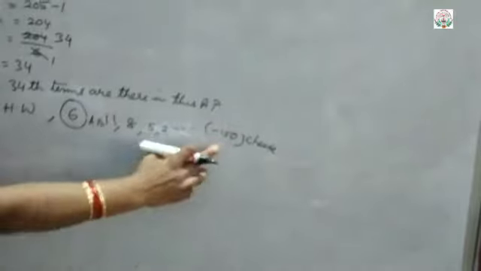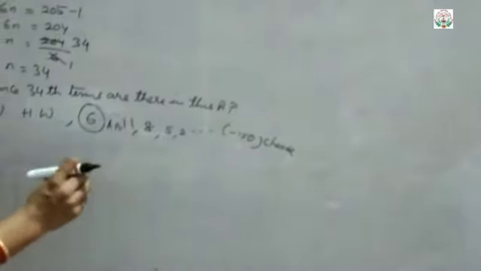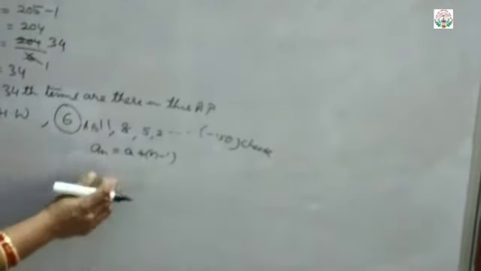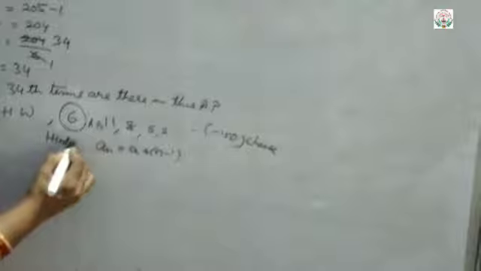Clear? So in that way, check whether N value you are getting or not. So the AN formula you will apply. You have to do it as homework. Only a hint I am telling, this is just a hint of the sixth question.